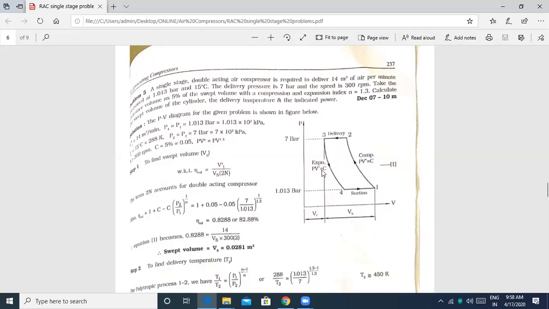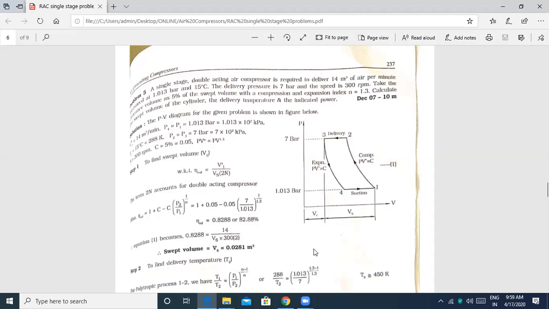Remember, the value of n is given as 1.3 here. P1 is given as 1 bar, T1 is 15 degrees Celsius, P2 is 7 bar, and speed is 300 RPM. The value of n is 1.3 and clearance is 5% of stroke, that is Vc equals 5% of Vs.